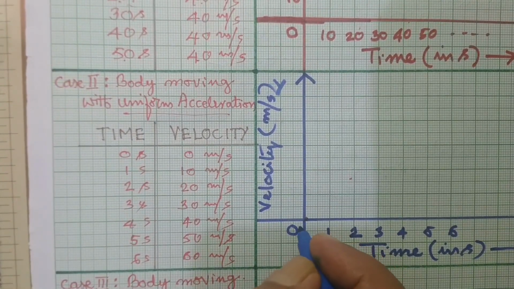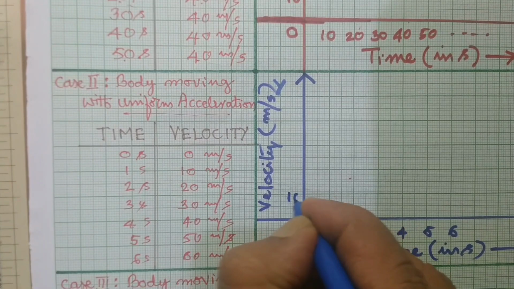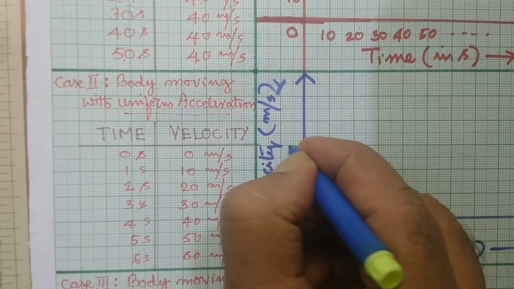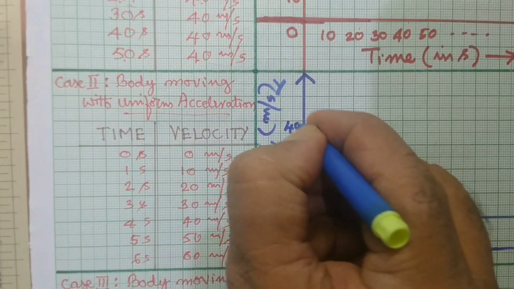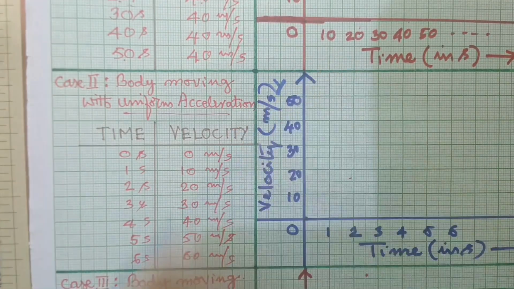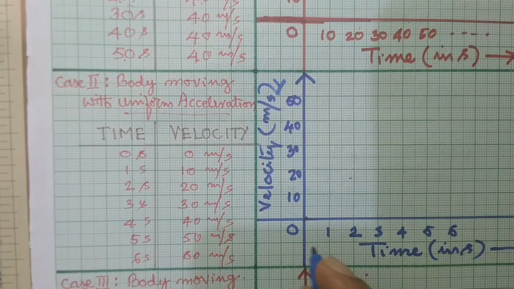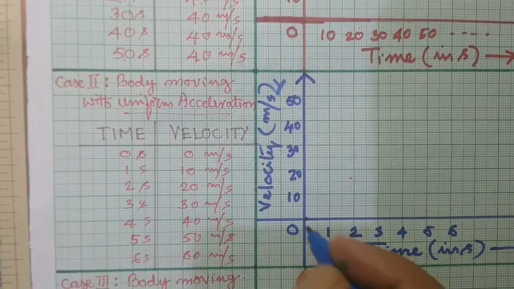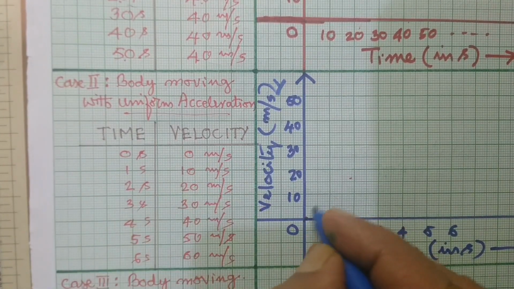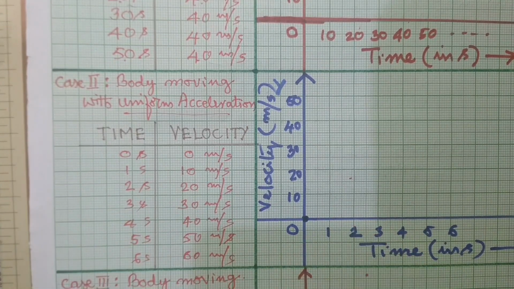Let me take here the values 0, 10, 20, 30, 40, 50, 60. Now, let us take here for 0 second, again 0 meter per second, means the point is here only.